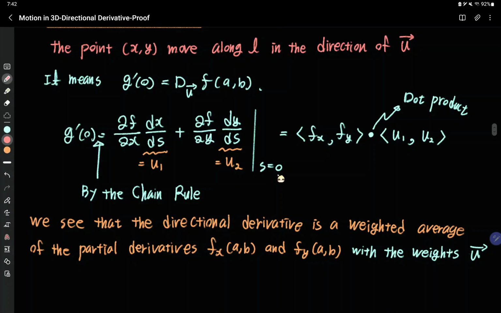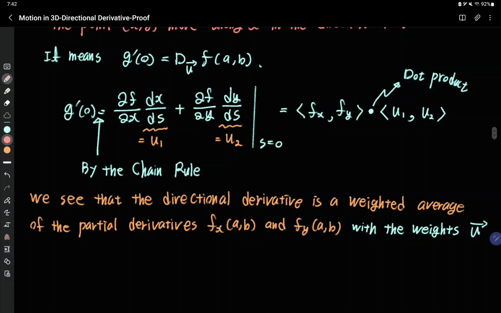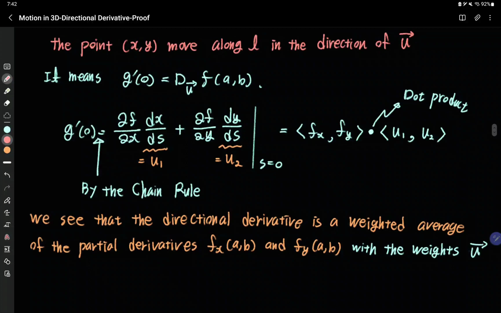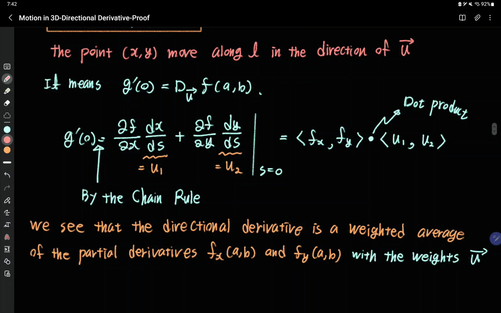So anyway, we see that the directional derivative is a weighted average of the partial derivatives fx and fy, where the vector u can be seen as the weight of the gradient. That's the interpretation of the directional derivative.